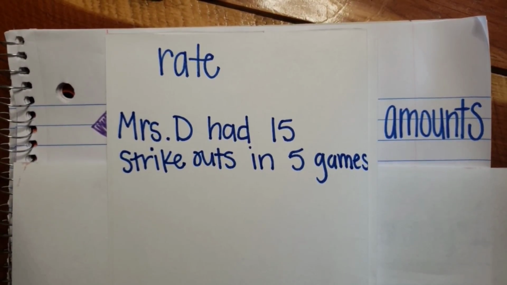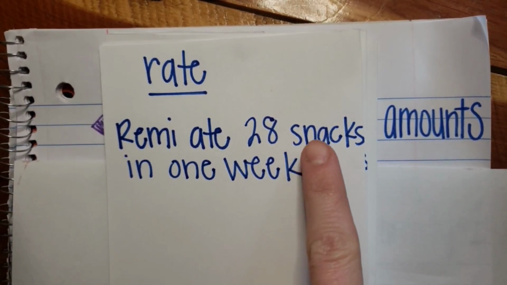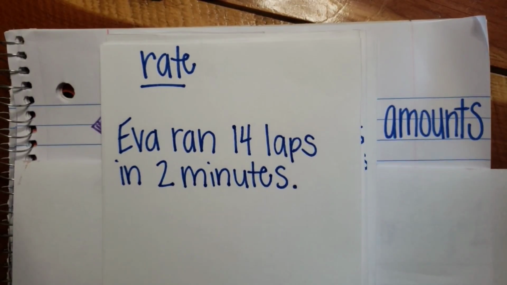Miss D had 15 strikeouts in 5 games. Okay, so this is comparing things in the sports world. Remy ate 28 snacks in 1 week. This is comparing snacks to time. Eva ran 14 laps in 2 minutes. This rate is comparing laps to minutes.